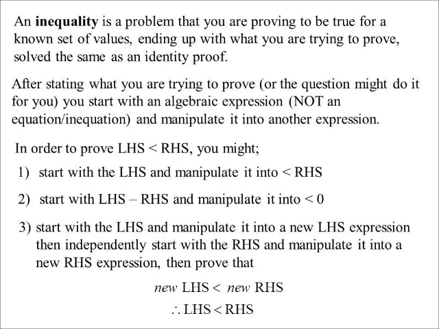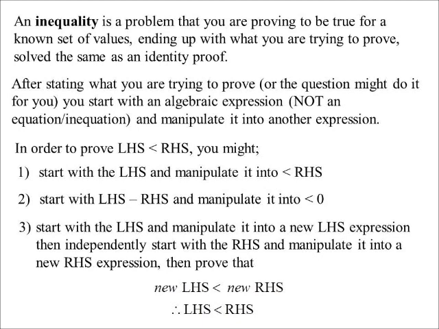Now, a third alternative. Sometimes we just can't link the left and the right, obviously. So what we do is we start with the left-hand side, we manipulate it into some new expression, and we go, nah, can't see where that's heading. So then we go to the right-hand side, and we manipulate that, and then you go, oh, hang on a sec. What I've proven here on the right-hand side is actually always bigger than what's over here on the left-hand side.